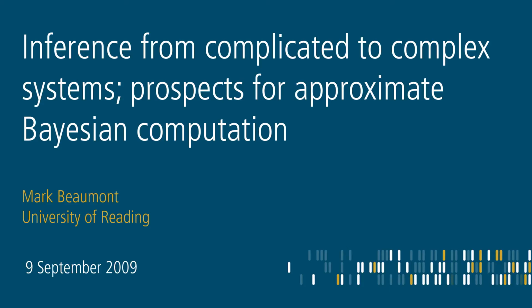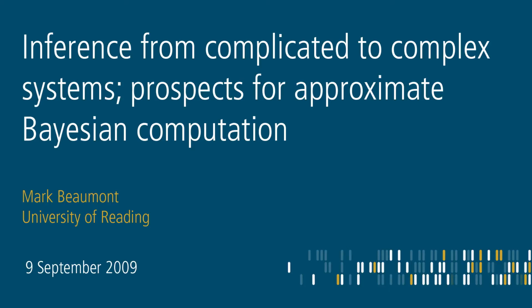So there are three flavors of ABC that are current. There's the view that was impressed upon me by Wenyang Zhang when he was working with me and David Balding, that you can view the problem as a conditional density estimation problem.